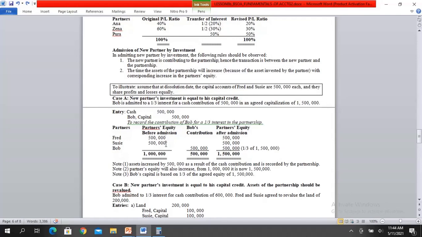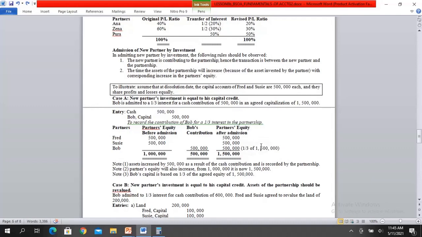So, partners equity before admission is merong 500,000 si Susie. So, Bob's contribution, sa magkano yung kukontribute ni Bob? Yung 500,000. So, partner's equity after admission, magkano na lang? 500,000 yung kay Fred, 500,000 yung kay Susie, and meron na ding 500,000 si Bob kasi nag-contribute siya ng 500,000.